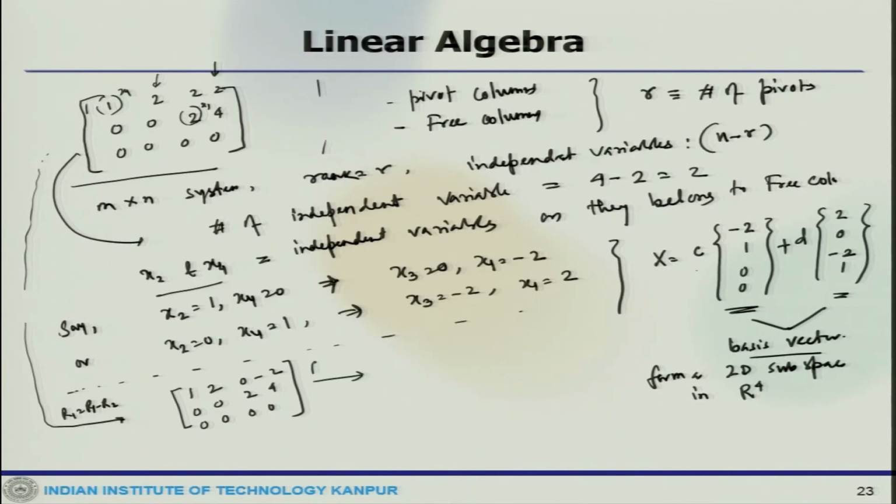Now, what we will do is divide by 2: 1 2 0 minus 2, 0 0 1 2, 0 0 0 0.